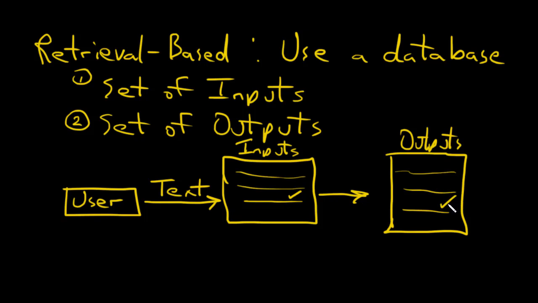So it might output $8.99 for a large. All that a retrieval-based chatbot is doing is matching the user's text to its set of inputs in its database, and then outputting the corresponding entry for the input that it matched with. So that's it. It is very simple to implement.